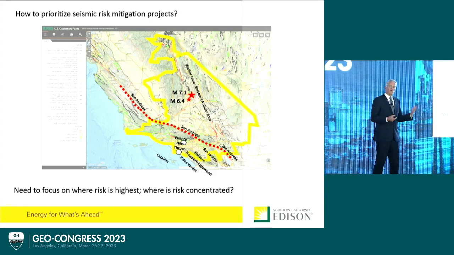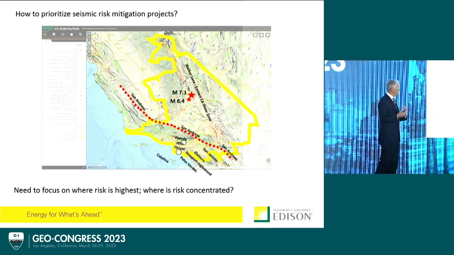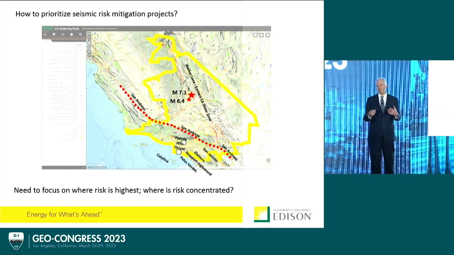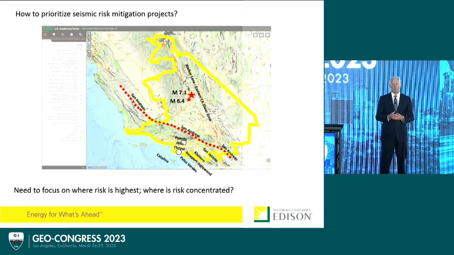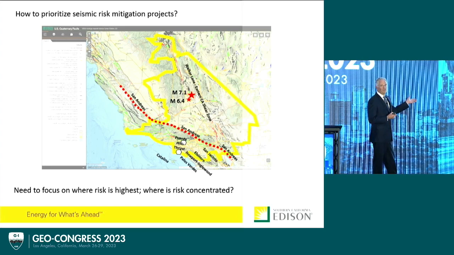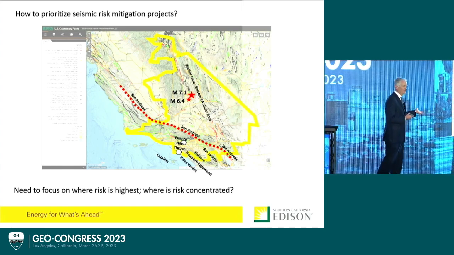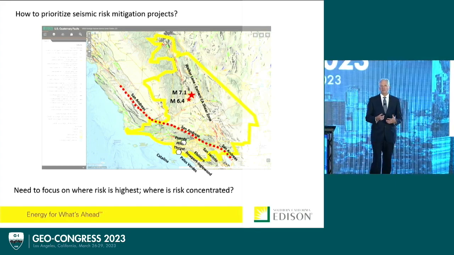We don't only worry about the San Andreas, though we do worry about it quite a bit. In terms of our earthquake preparedness, we devote a lot of effort to considering what we might experience in case of a big one on the San Andreas. But we also have a number of other faults labeled here, and then hundreds of other faults that aren't even labeled. And we don't know where the next big earthquake is going to occur.